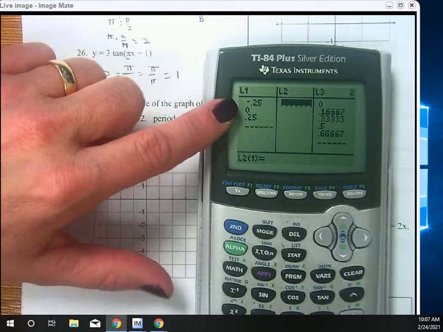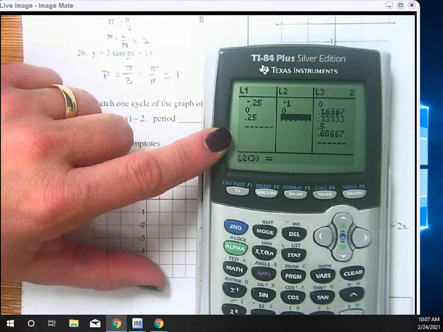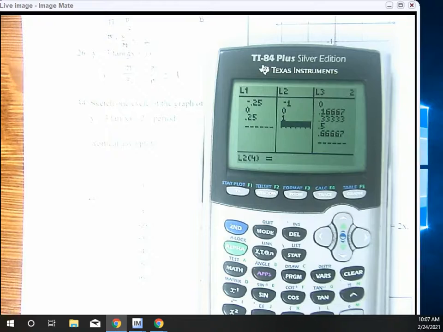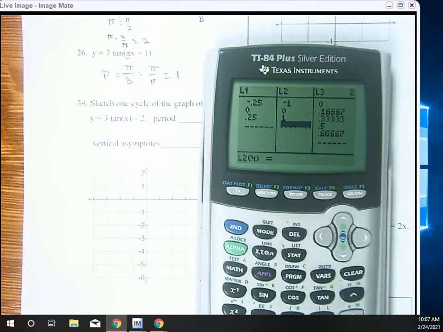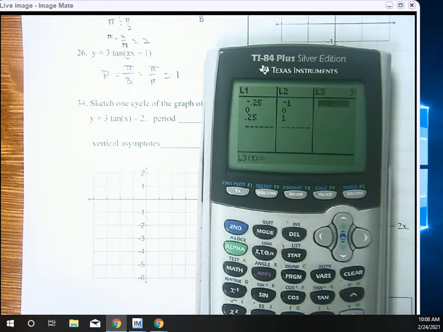At the negative pi over 4, we were at negative 1, we were at 0, and we are at a positive 1. So my values for the tangent, these are the 3 key points that I'm going to be looking for on my test. Again, I'm going to go up and I'm going to push clear and I'm going to do enter.